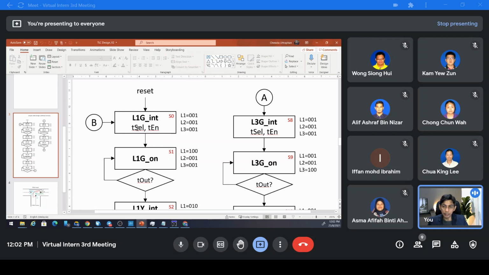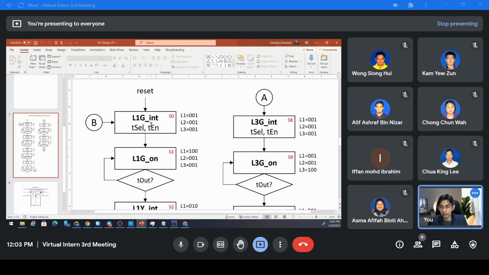And what we do here is that we set T select, whether we want to set the timer to 20 seconds or 3 seconds. In this case, we should set it at 20 seconds, right? Because green should be 20 seconds.